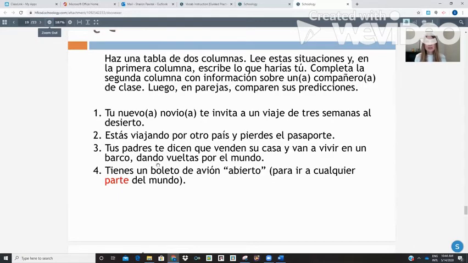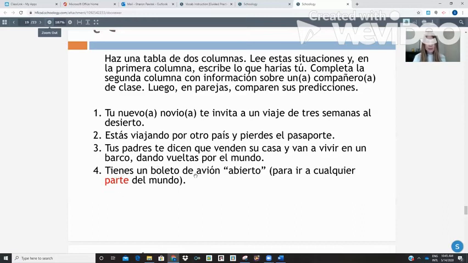Si mis padres quisieran viajar en bote, yo les diría a mis padres que son locos. ¿Y por qué? Les preguntaría, ¿por qué? ¿Por qué quieren hacer esto? Y también les preguntaría, ¿dónde viviría yo? Where would I live? ¿Dónde viviría yo?